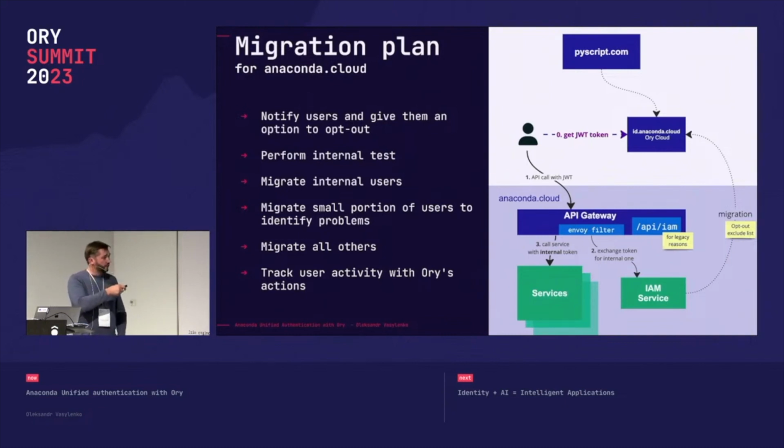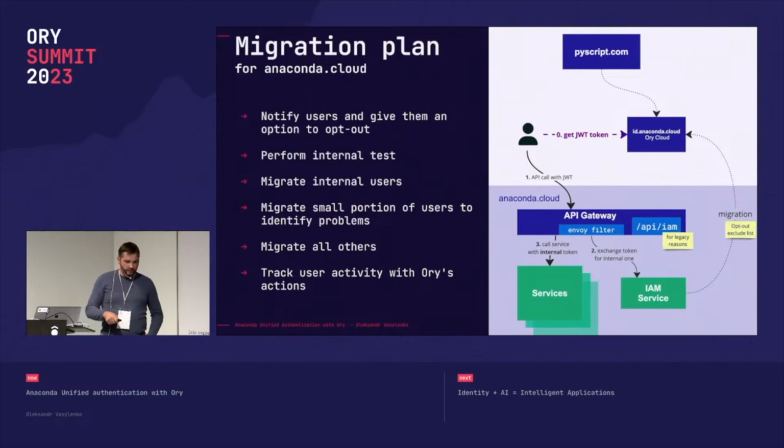So with this approach and with the architecture previously described, you can see that in this case we needed to change only the externalized IAM solution. The internal token did not change, so there was no impact on services which were developed before, and we were required to make some changes on our gateway layer and validation to respect the Ory token itself. You can still see that we are using the internal IAM service.